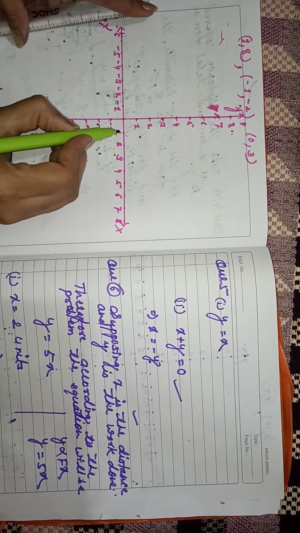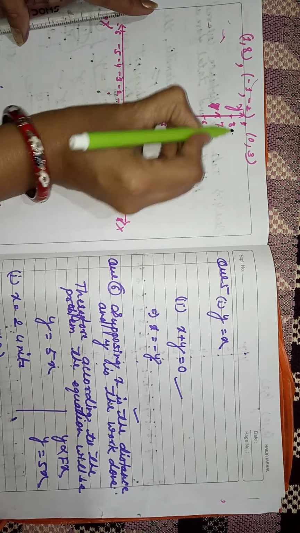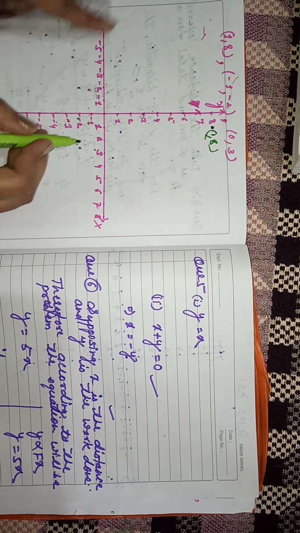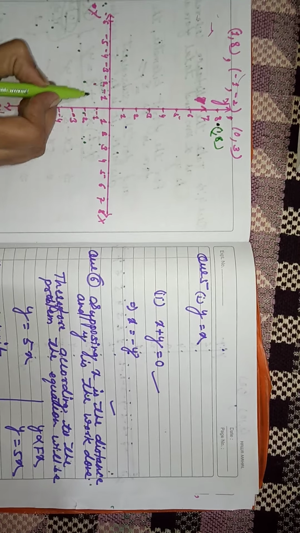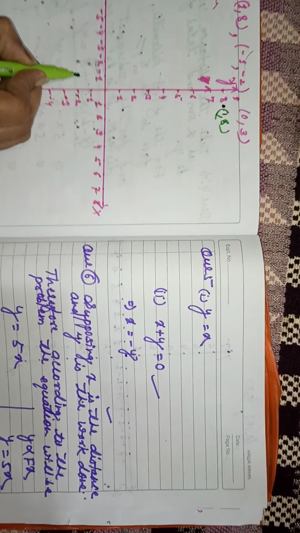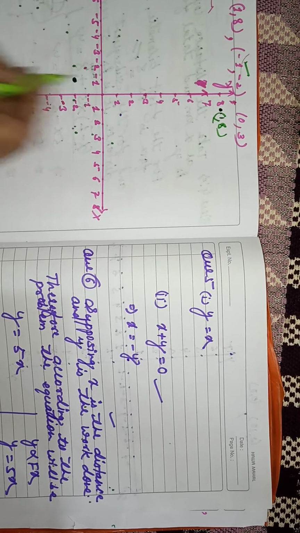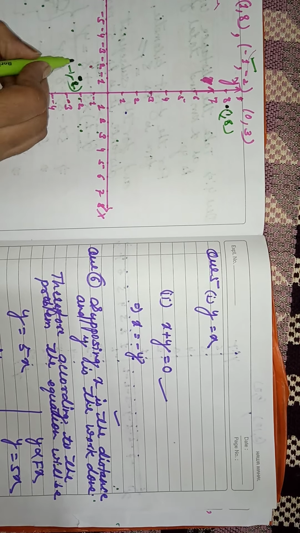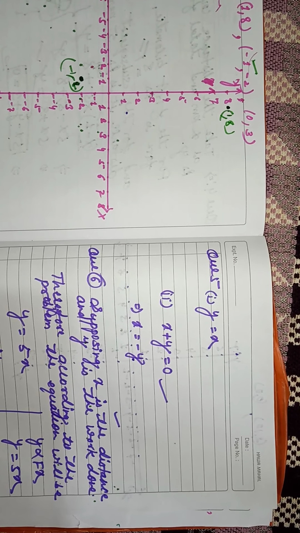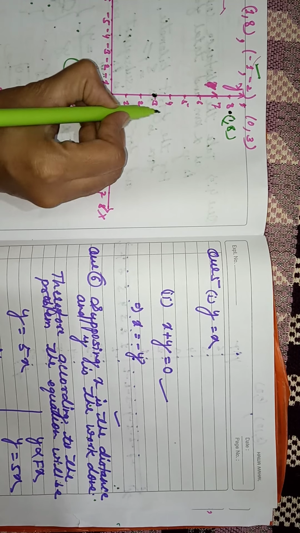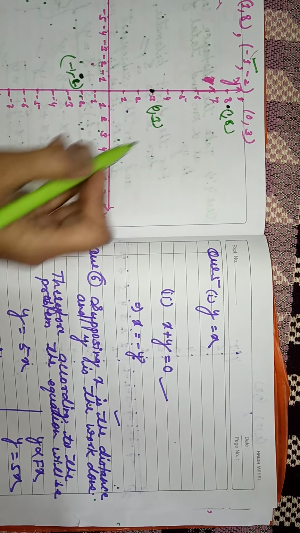So the point 1, 8: the value of x is 1 and y is 8. Then minus 1, minus 2: the value of x is minus 1 and y is minus 2. Then 0, 3: the value of x is 0 and y is 3.